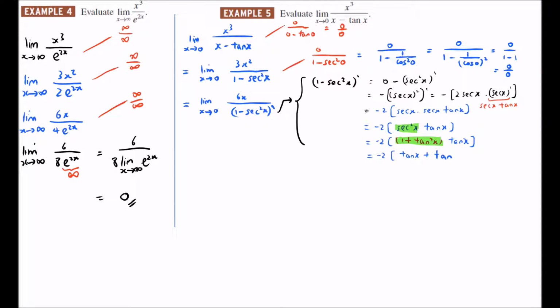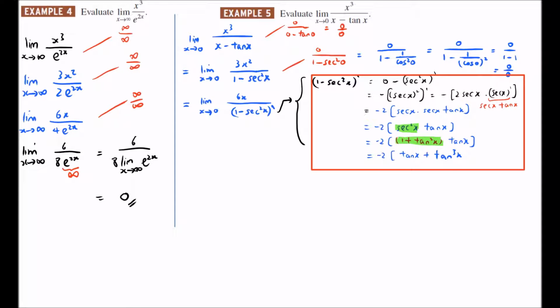Okay, so this whole thing here is to do your differentiation of 1 minus secant square x. So the prime I put right inside. Okay, so this is your prime.